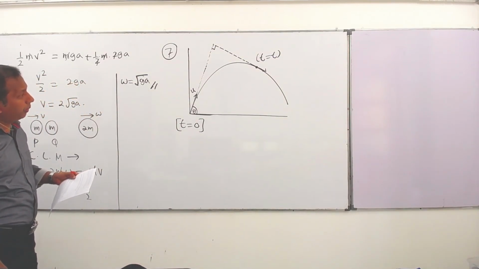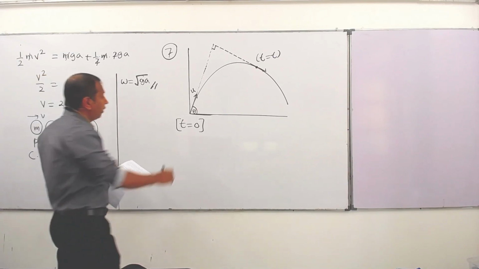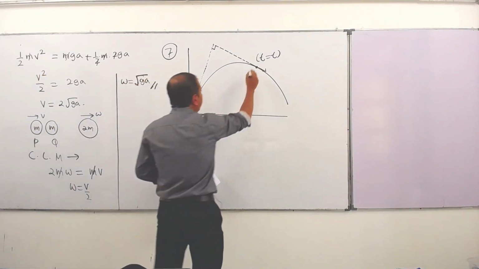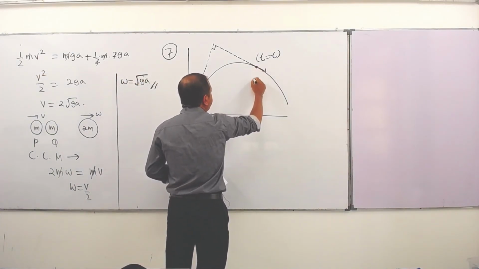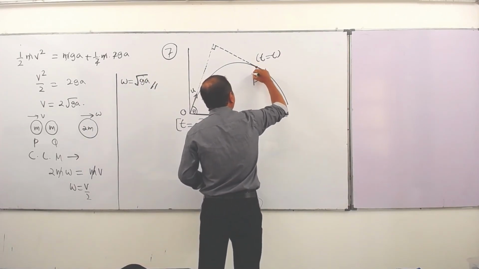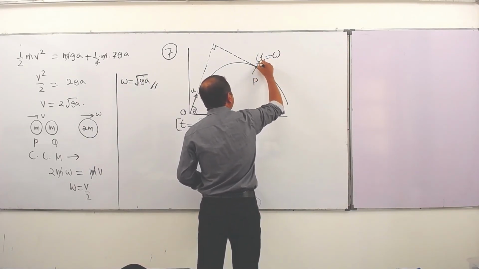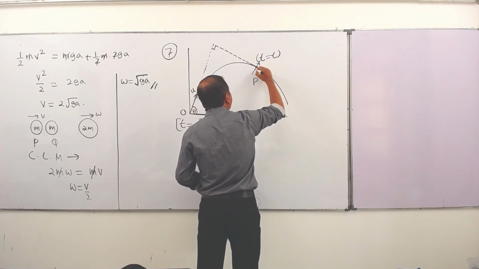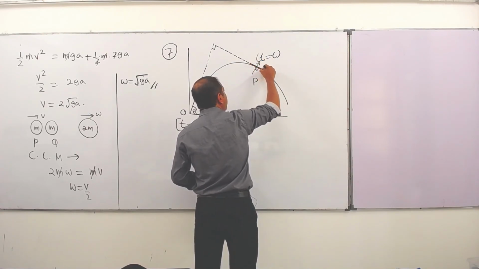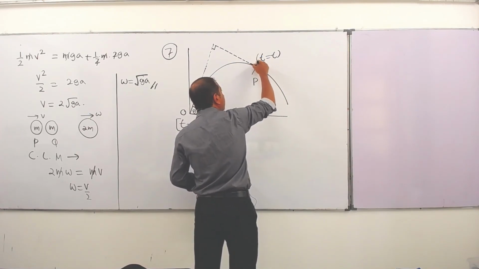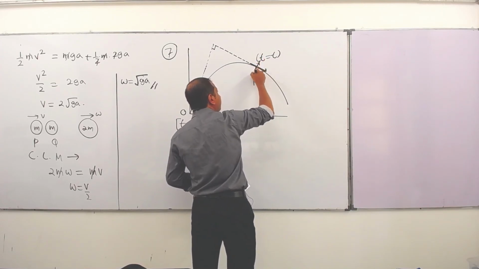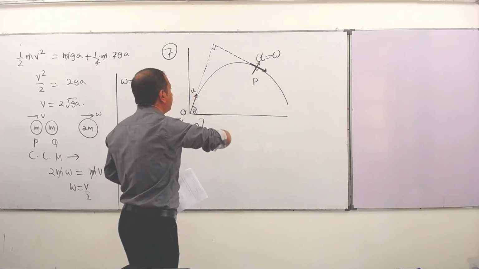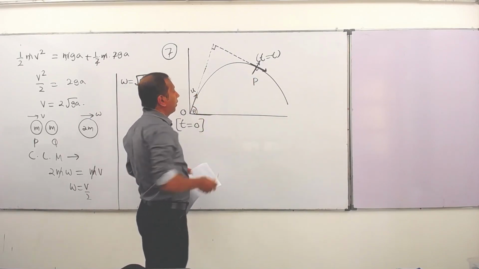Now you can see here, if I take this as O and this as P, perpendicular to this direction. This is the tangent direction, this is the perpendicular direction. Along that direction, this direction and this direction are now parallel.